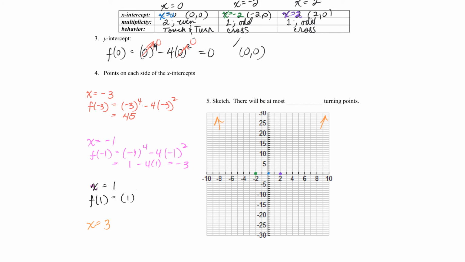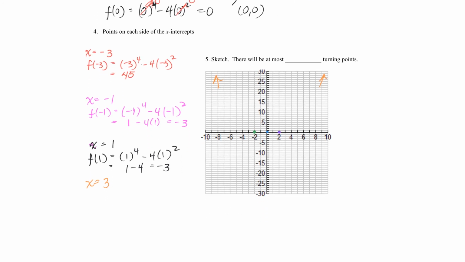That's going to be 1 to the 4th minus 4 times 1 squared. 1 minus 4 is negative 3. And then finally, for f of 3, 3 to the 4th minus 4 times 3 squared. It's also equal to 45.